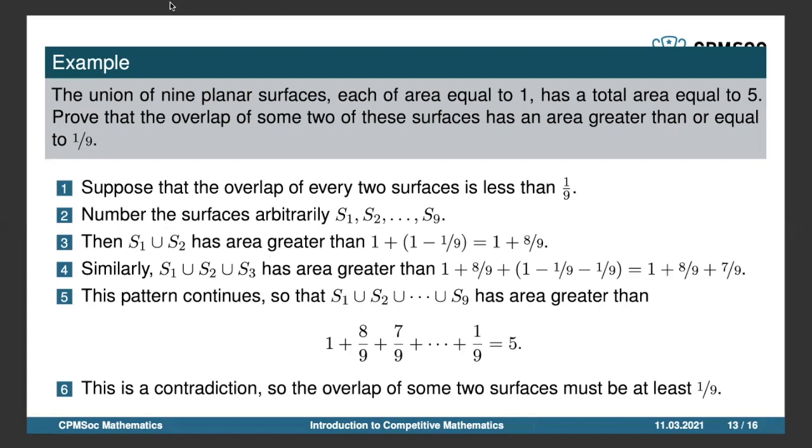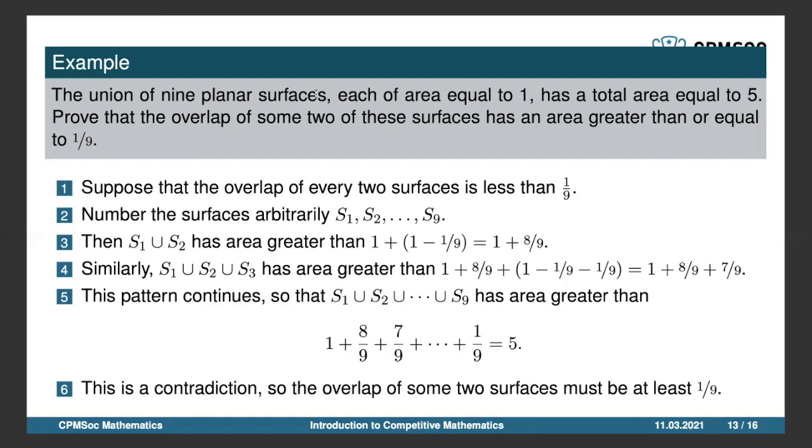And for motivation for proof by contradiction, one motivation is, again, the thing about non-constructive proofs I said: it's hard to actually do a direct proof where you can show which two surfaces have a combined area of at least 1/9.